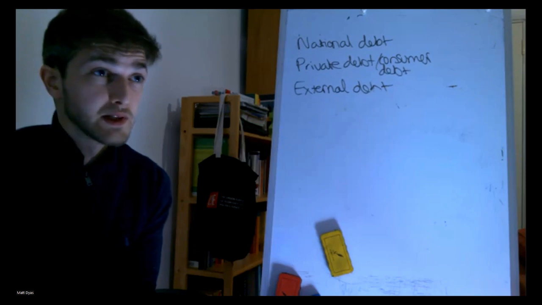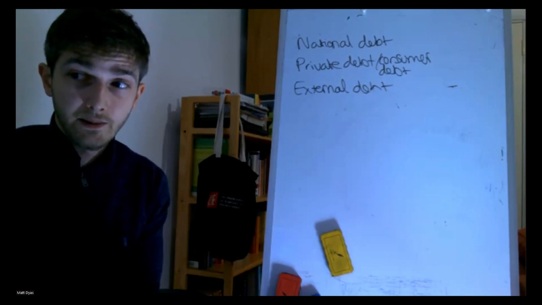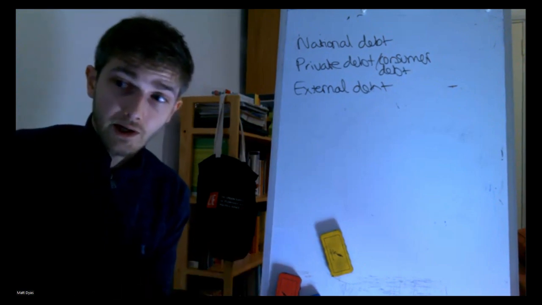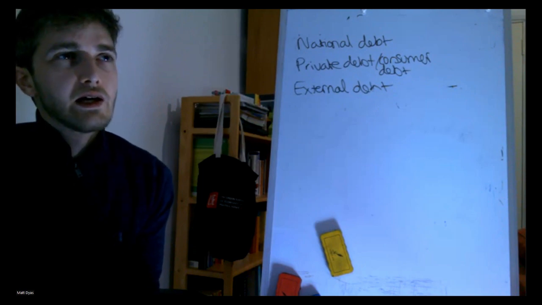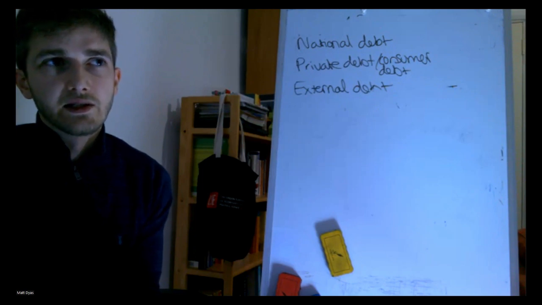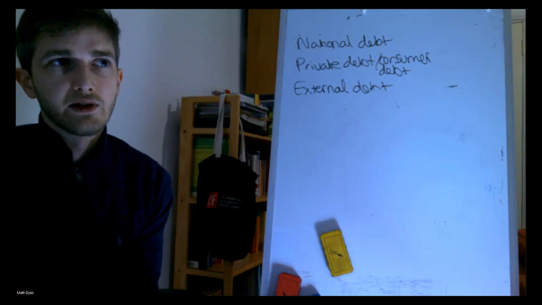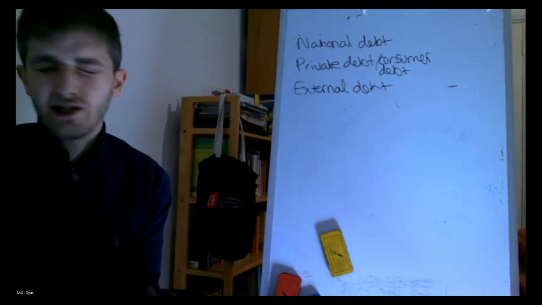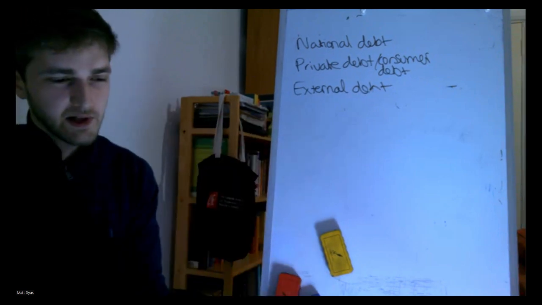So if I go into debt, say on a mortgage, UK national debt does not increase. If the government borrows money to cover a fiscal deficit, UK national debt increases. The reason for this is that the government in effect is representing the nation in international financial markets. When we say the UK government's debt, that is the state's debt, and the state is the nation. You don't need to worry about that anyway. It's not complicated.